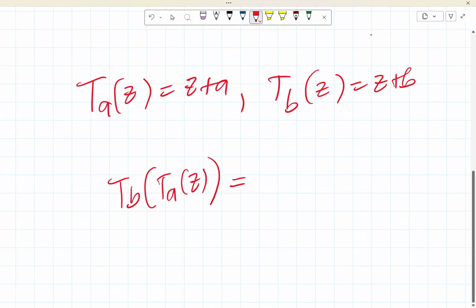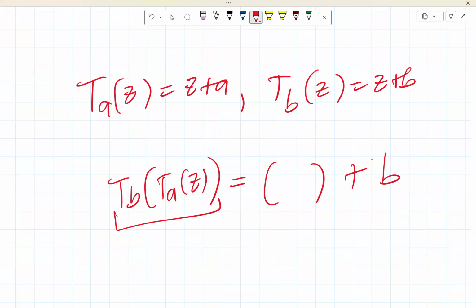So first of all, what is T of b itself? T of b is z plus b, right? That is what T of b is.